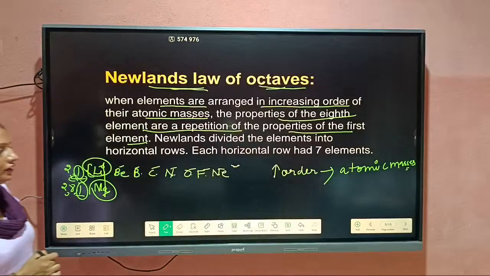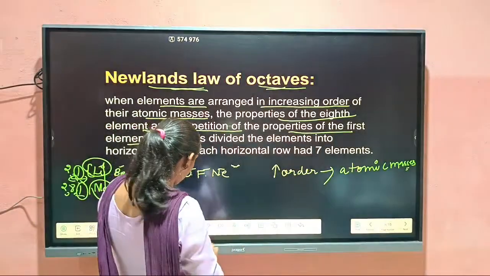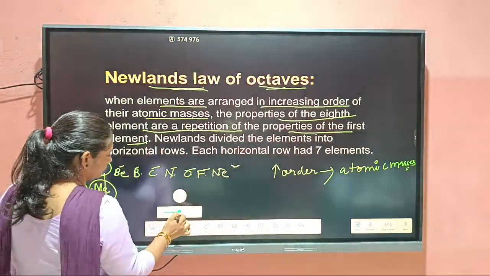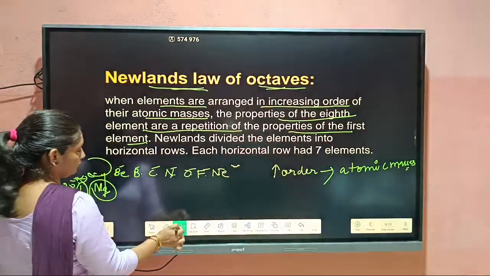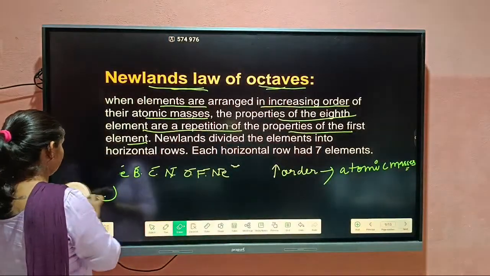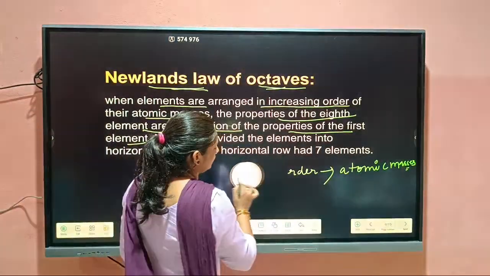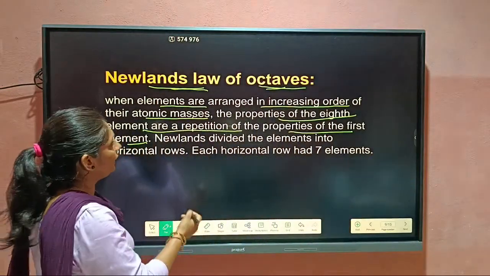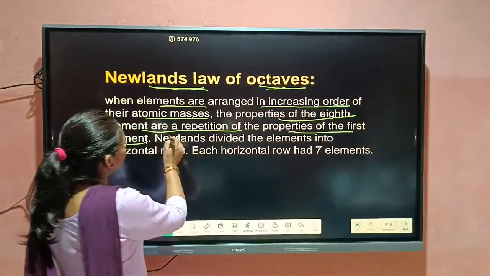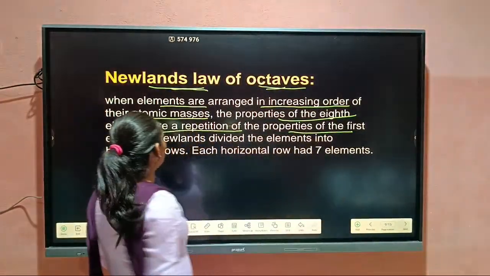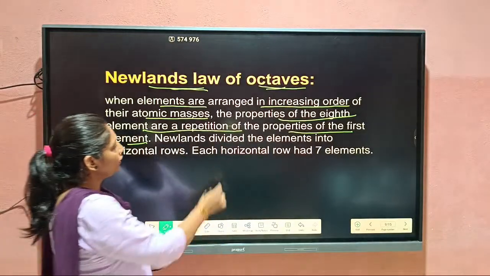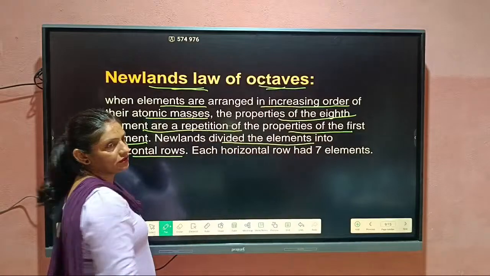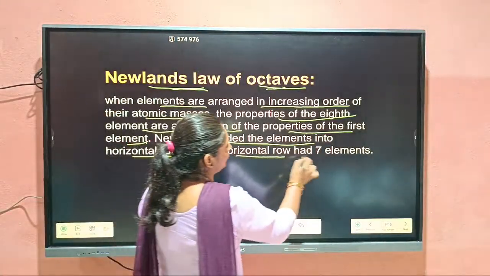So what was Newland law saying? It was saying that the property of the eighth element is a repetition of the property of the first element. Newland divided the elements into horizontal rows. Each horizontal row had 7 elements.